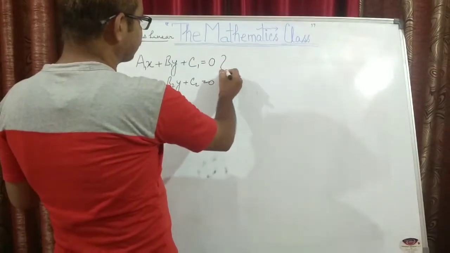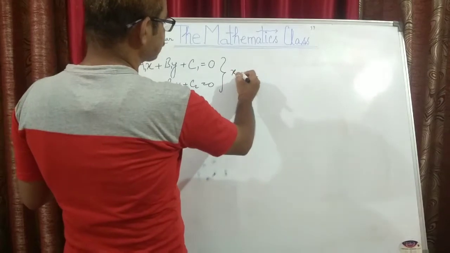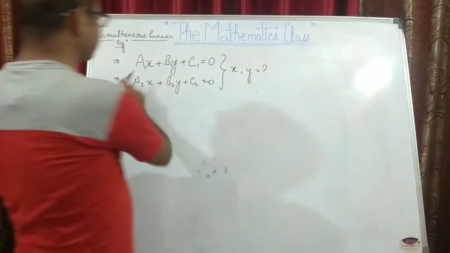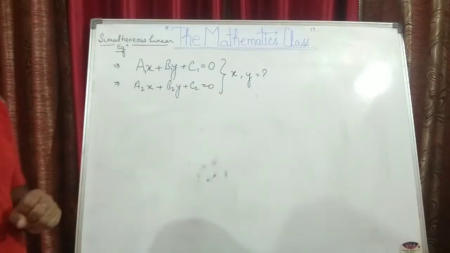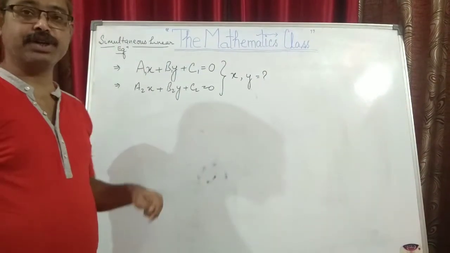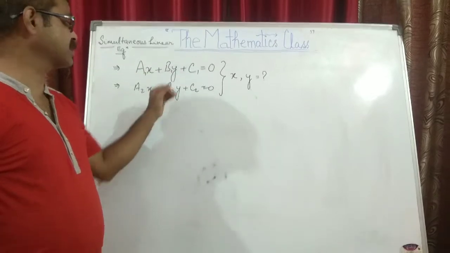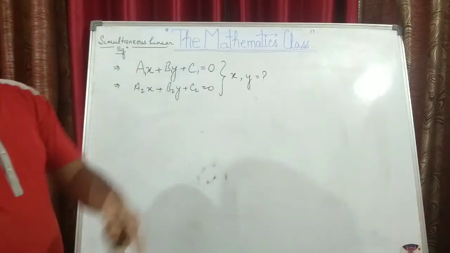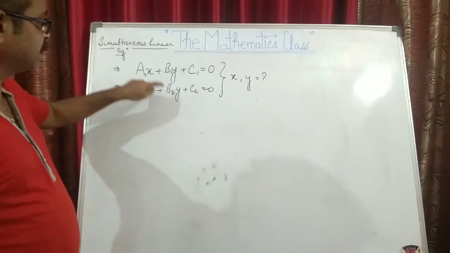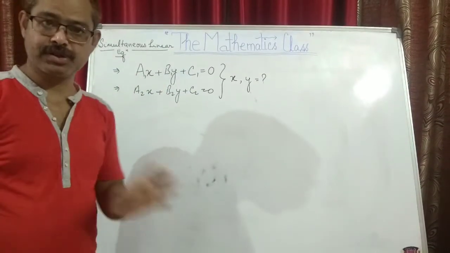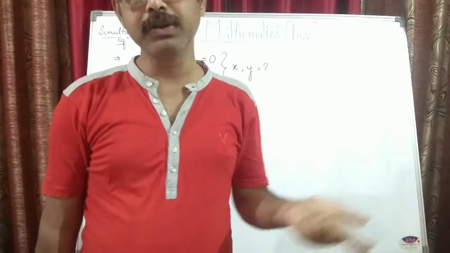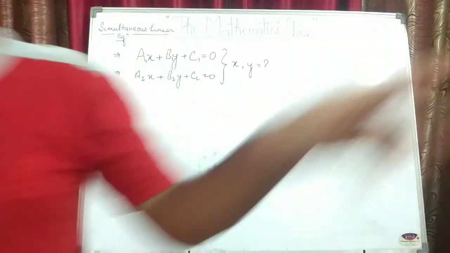When we solve them, we will get the values of x and y which satisfy these equations. Then this system of linear equations in two variables is known as simultaneous linear equations. Now we will be learning how to solve these equations.